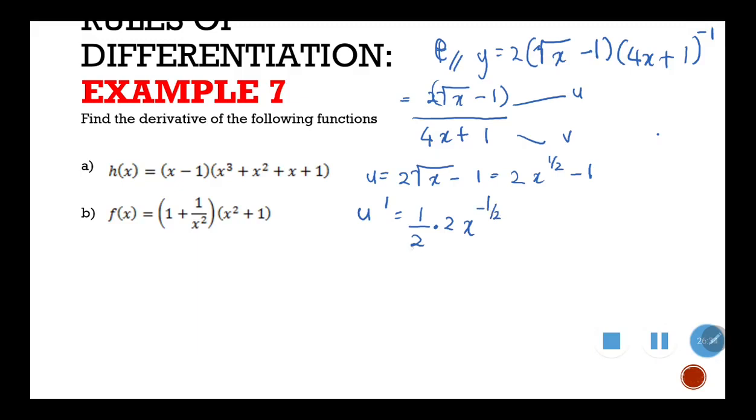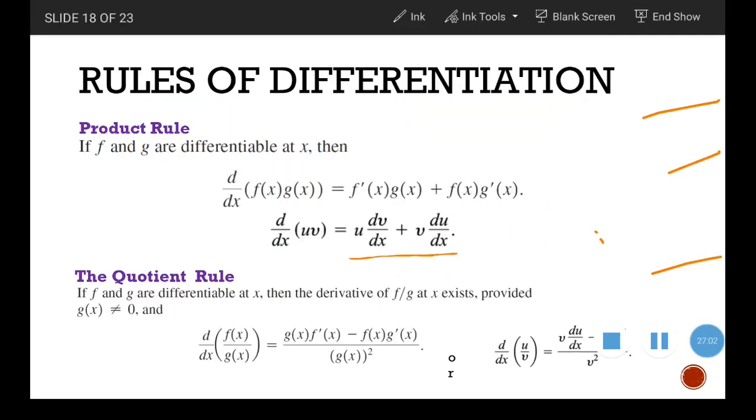About v, v is 4x plus 1, v prime should be 4. This question calls for the quotient rule.